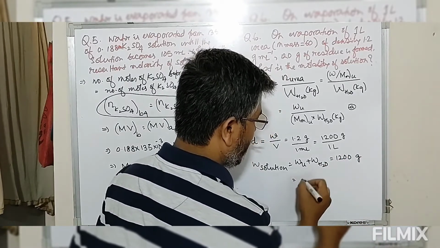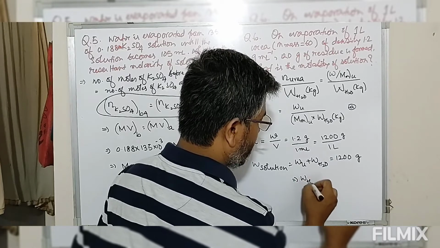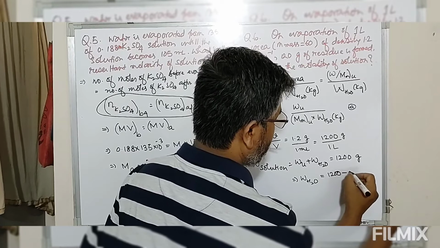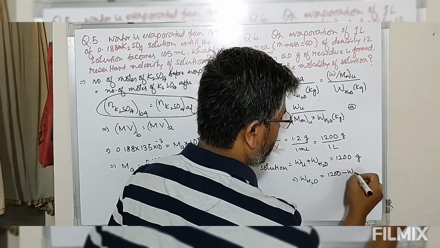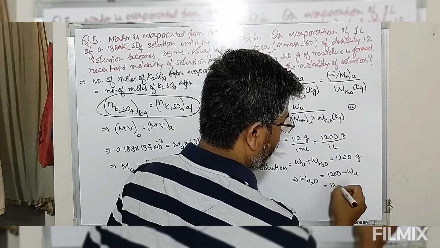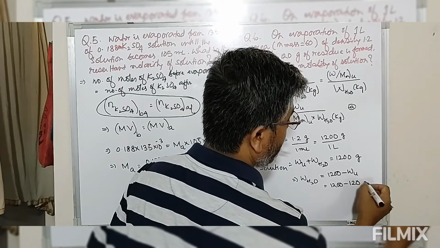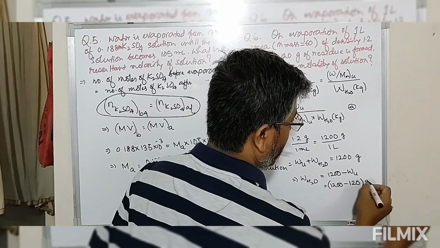So therefore mass of water in the solution is equal to 1200 minus mass of urea. This is 1200 minus 120 grams.